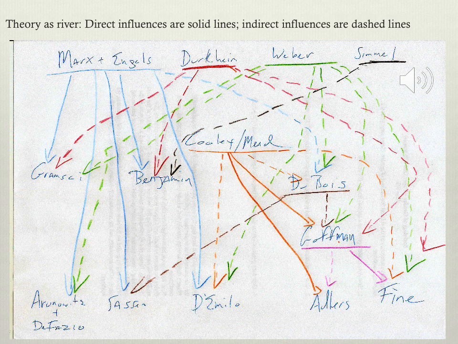What I do is have the classical theorists at the top, then the contemporary theorists at the bottom. So going up and down, that's your timeline: the older classical theorists at the top, the middle-era theorists in the middle, and at the bottom, the newer contemporary theorists that we read in the semester.